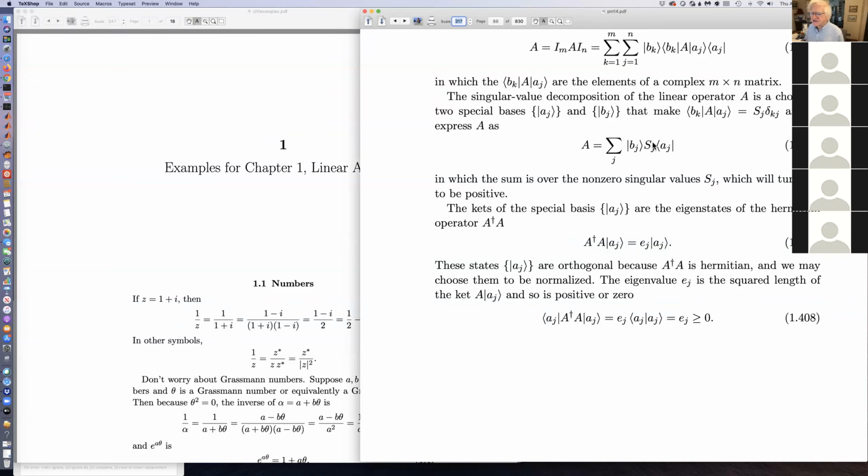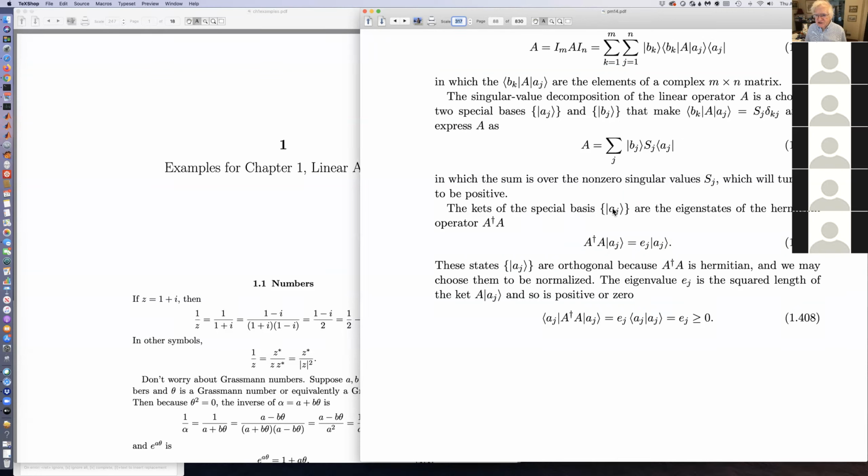So it's a very nice expression, and it's completely general. Any cockeyed complex matrix, as long as it's rectangular, can be written this way. And every matrix is rectangular, so every matrix can be written this way. Every matrix has a singular value decomposition.